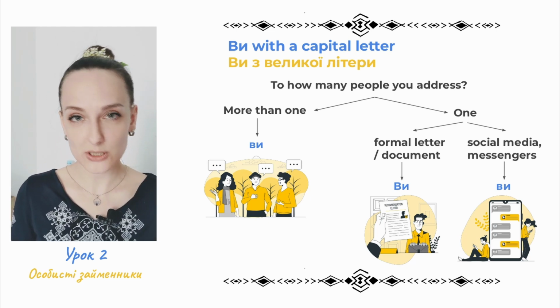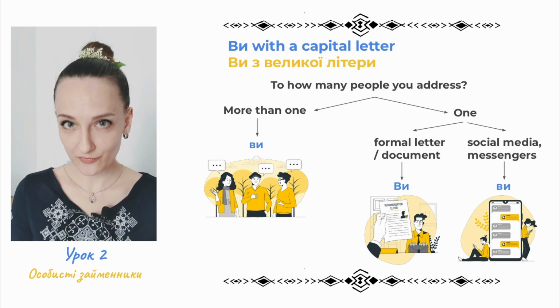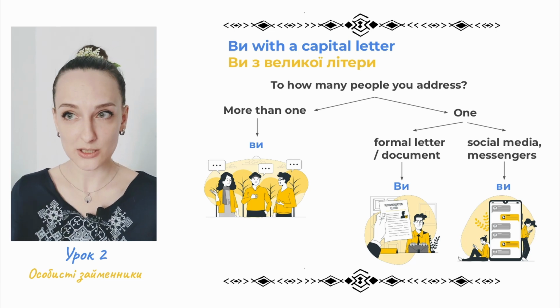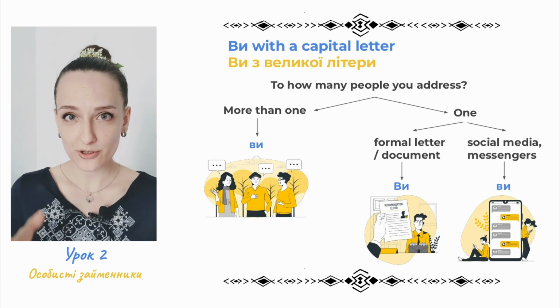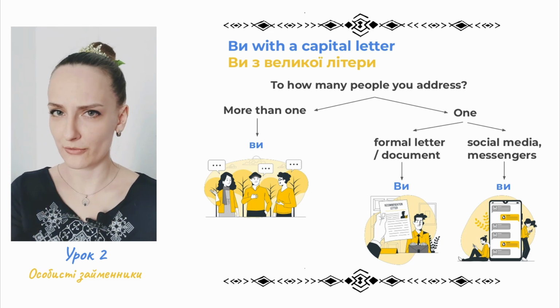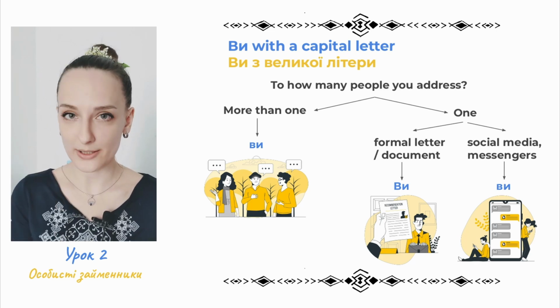But now I want to discuss the writing of the pronoun ви with a small letter or capital letter, because sometimes it causes some questions. So if you're addressing a group of people, doesn't matter what communication you have, formal, informal, it always will be ви with a small letter.